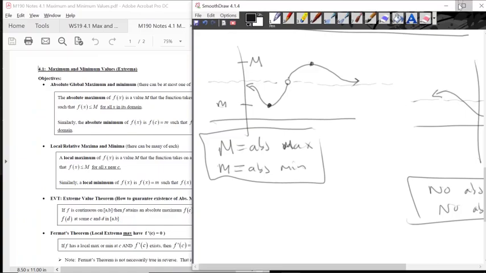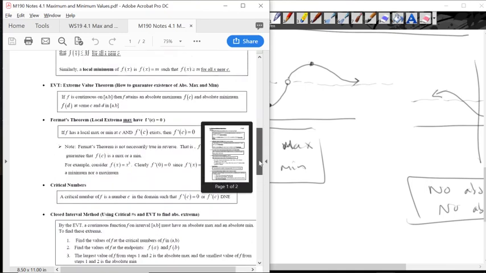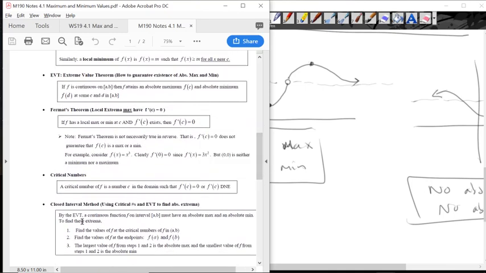That deals with the absolute max and min, and we'll return to that later with a process to find these called the closed interval method, which is where we are given a function that is continuous on a closed interval. The extreme value theorem states that if you have a continuous function on a closed interval, you're guaranteed to reach an absolute max and an absolute min, and we'll take a closer look at that theorem later.